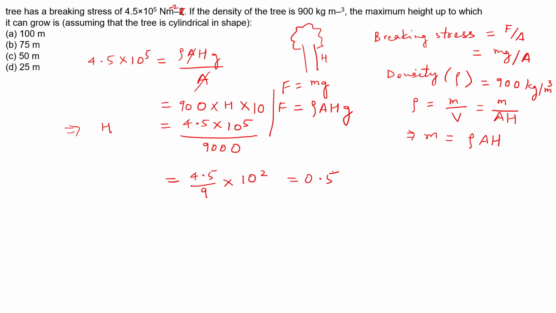Let me just confirm it once. 4.5 divided by 9 is 0.5, right? And then multiplied by this, and height will be in meters. It means 0.5 times 100, which is 50 meters. So the tree can grow up to 50 meters before it breaks because of its own weight. So the correct answer is 50 meter, which is the correct option.